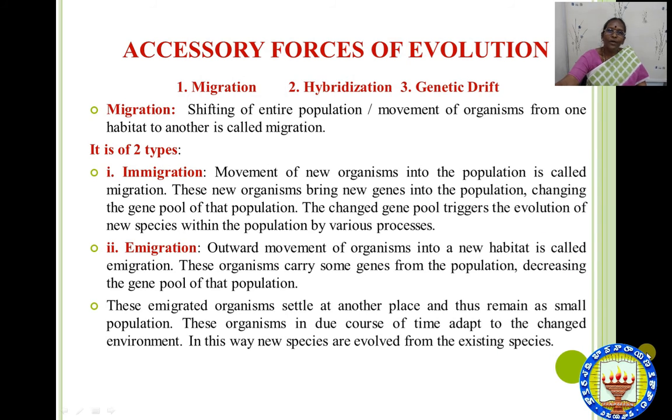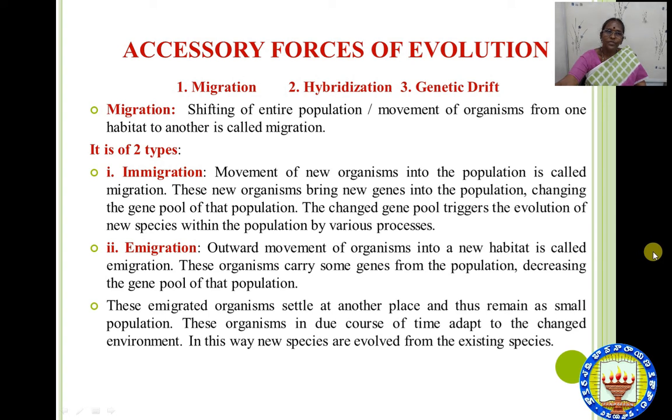Now we will deal with the accessory forces of evolution, which are migration, hybridization and genetic drift. Students, you know migration is of two types. One is immigration, which is the movement of new organisms into the population.